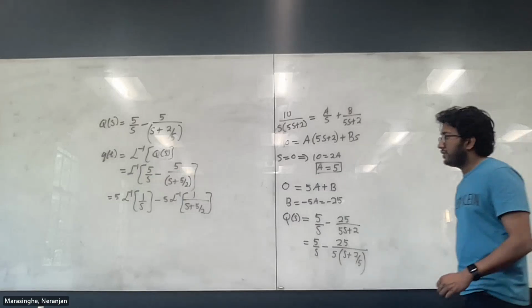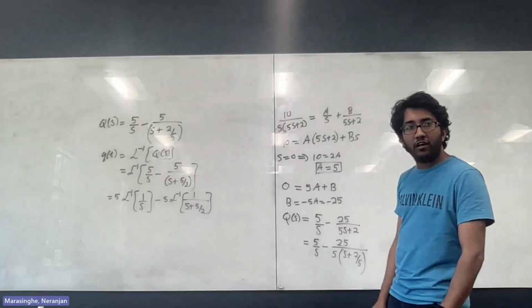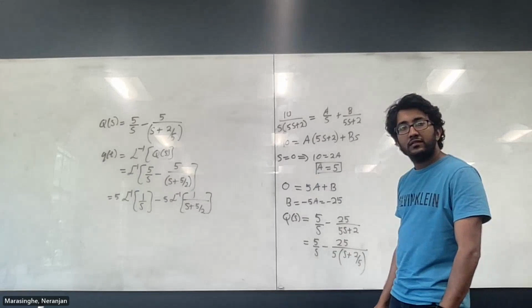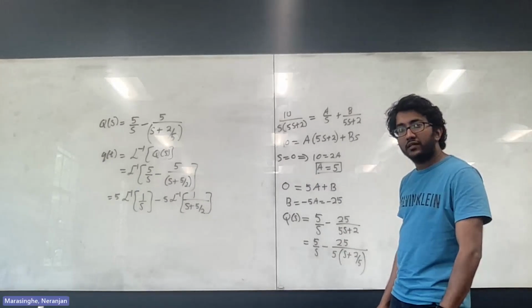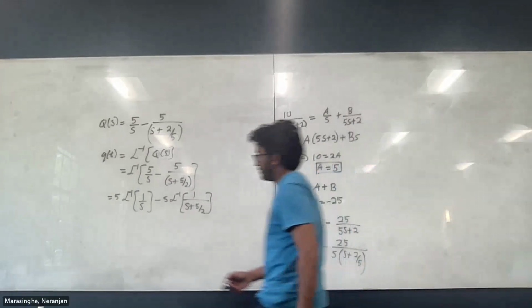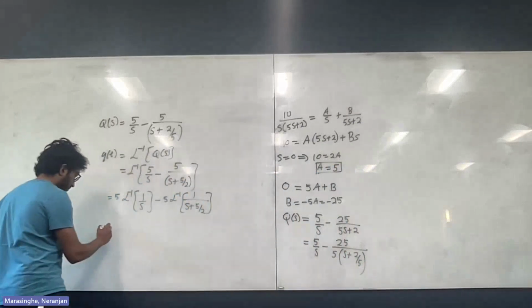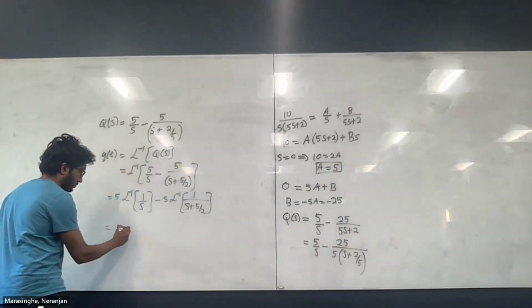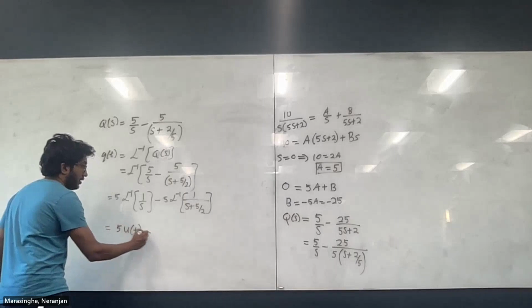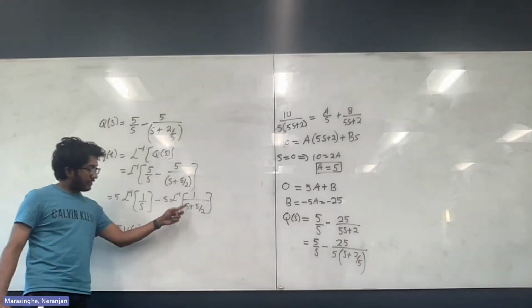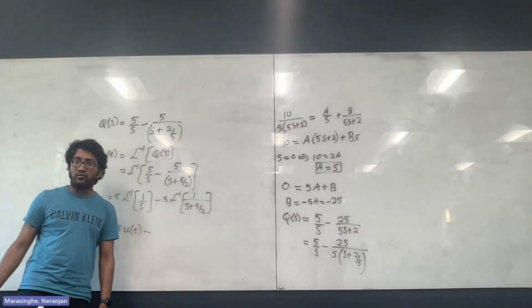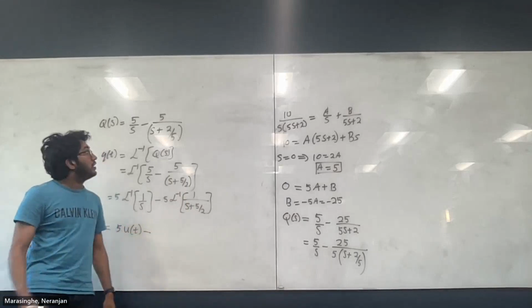Now, what is the inverse Laplace transform of 1 over s? It's u(t), right? What is the inverse Laplace of 1 over (s plus 5/2)? Again, recall this one.